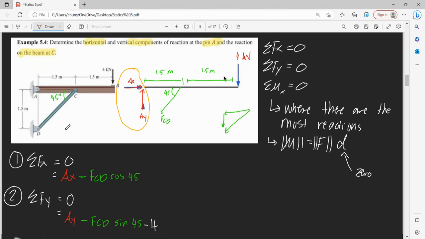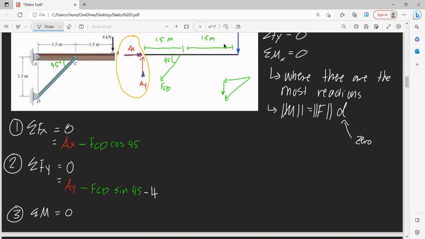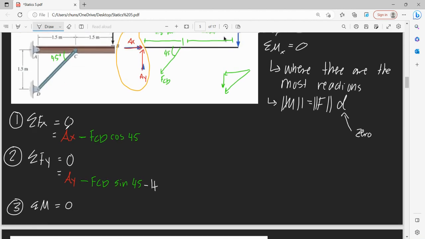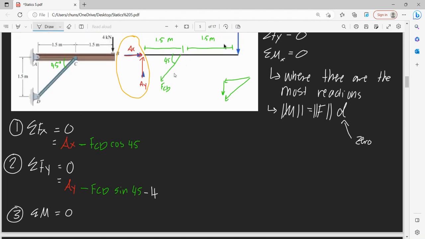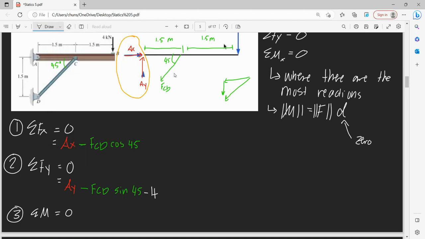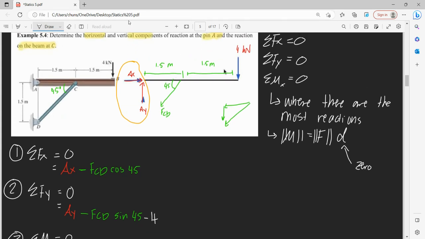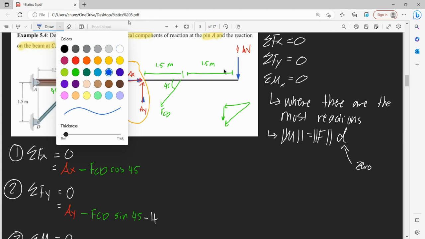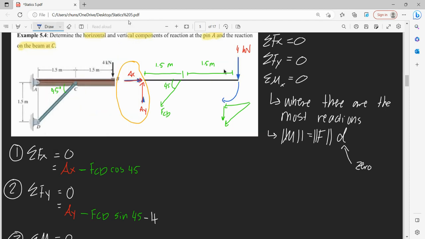So that eliminates our need to consider Ax and Ay, and so we'd instead consider our FCD, and our external force. So let's start with our external force. So we have 4 kilonewtons times our distance, which is 3 meters, and this is going clockwise, so then that would make it negative.